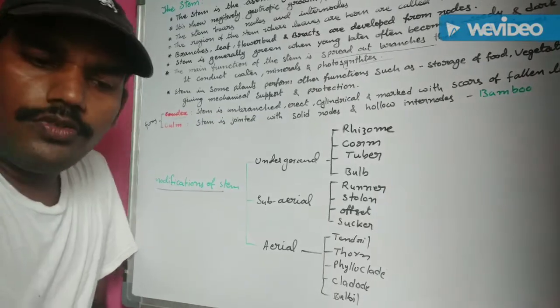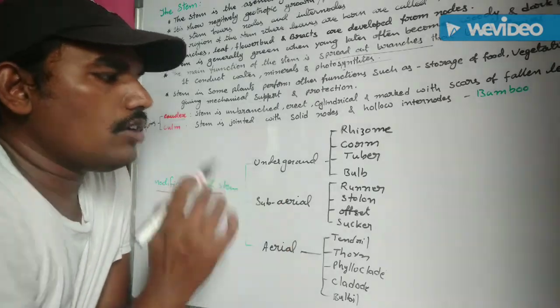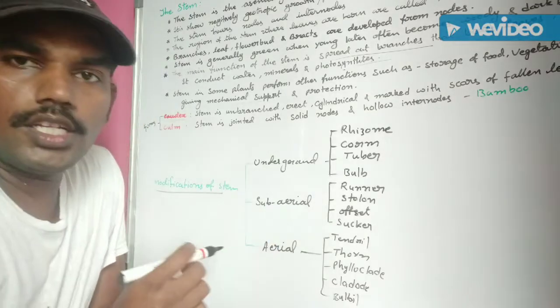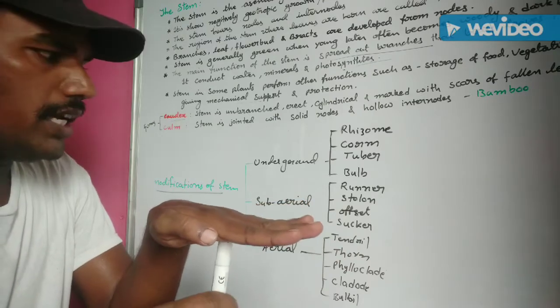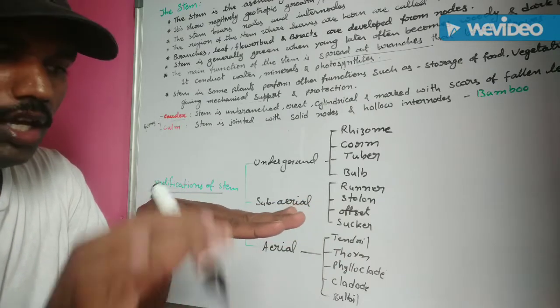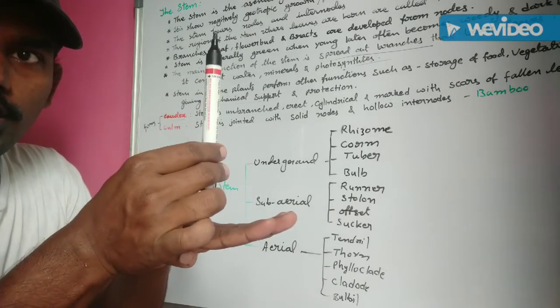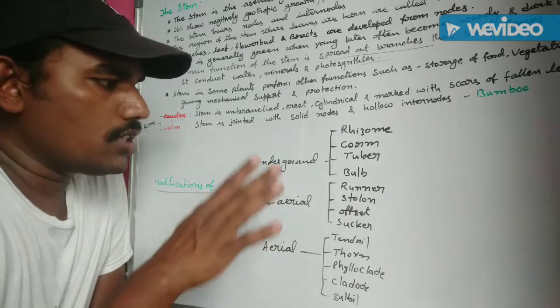Generally, the stem modifications are categorized into three: underground stem modification, subaerial stem modification, and aerial stem modification. Below the ground part is known as underground. Above, subaerial. Next, aerial. Okay? In this way, the stem modifications are mainly distinguished into three categories.